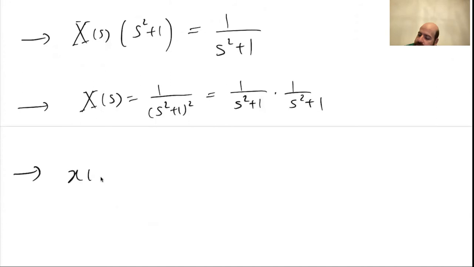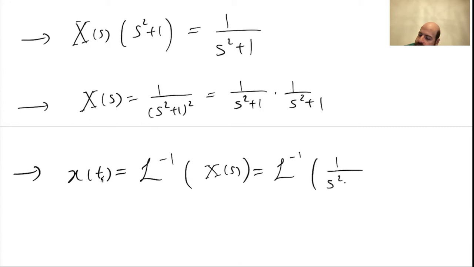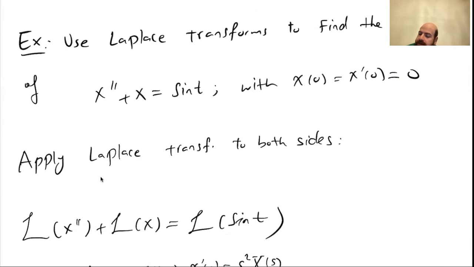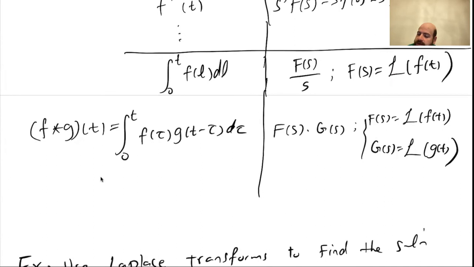So x of t will be the inverse Laplace transform of capital X of s, which will be the same as the inverse Laplace transform of 1 over s squared plus 1 times 1 over s squared plus 1. Now, we know the inverse Laplace transform of a product of two functions is the convolution of the original functions.